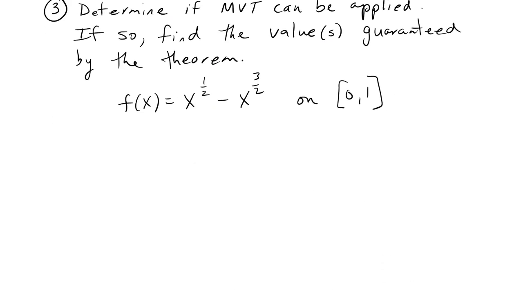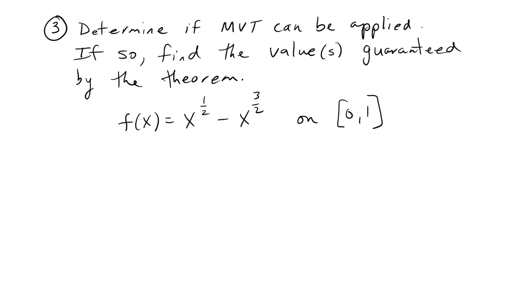Okay, let's take a look now at a mean value problem. So determine if the mean value theorem can be applied. If so, find the value or values guaranteed by the theorem. All right, so here's our function. There's our interval. Remember, we have to ask two questions. Is f of x continuous on the closed interval?